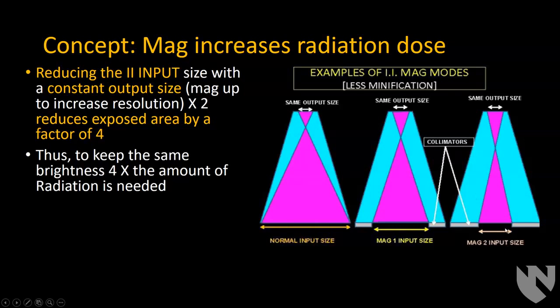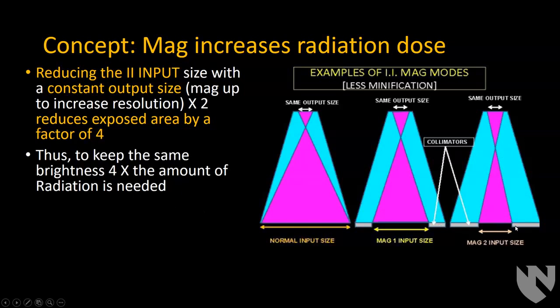If you magnify, all that does is use less of the image intensifier but the same amount of output size. So the ratio of these areas is not going to be as large, and so you're not going to create the same amount of brightness in the output phosphor unless you up your radiation dose, and that's what the automatic brightness control will do. And so you really up your radiation dose by doing magnification.